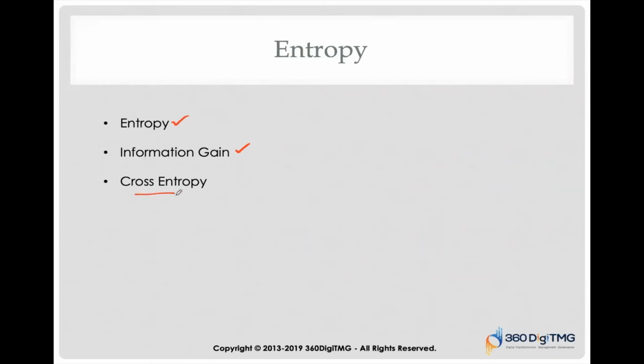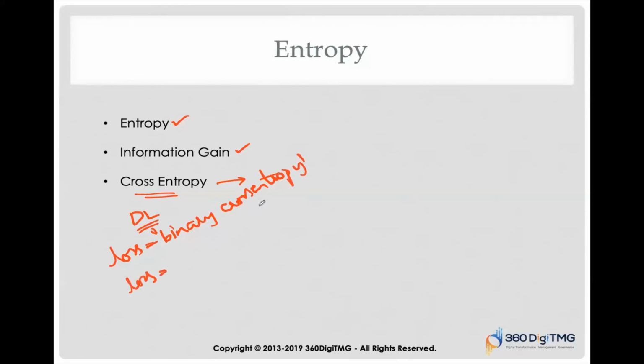Okay, now back to our discussion. Entropy is clear, information gain is clear. Then what is this cross entropy? Right, this is what we need to discuss now. Let's discuss. Usually, when you have image classification kind of a model, it comes in very handy. And in deep learning, in the loss function, we define binary cross entropy as a loss function, or categorical cross entropy.